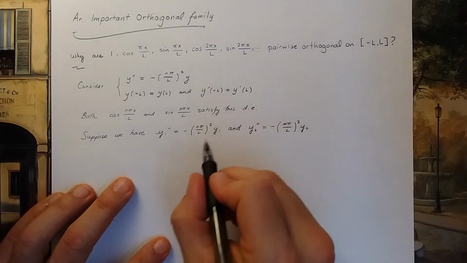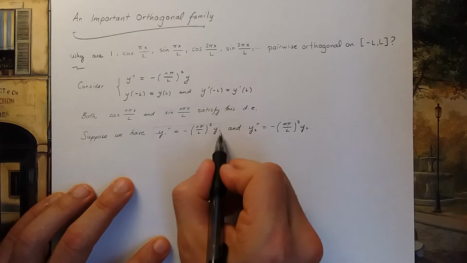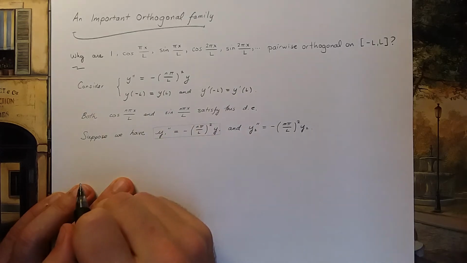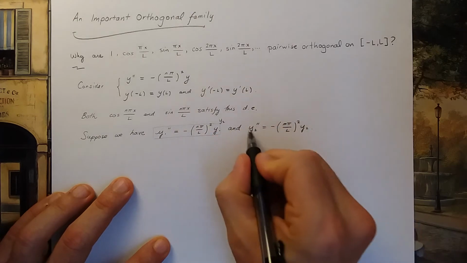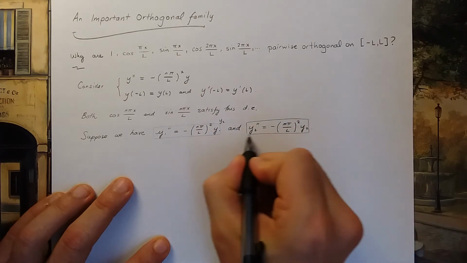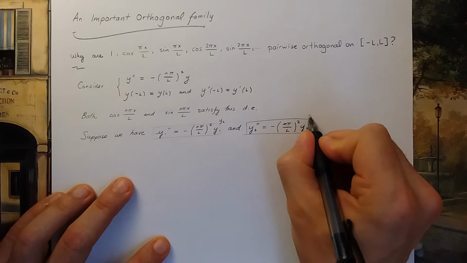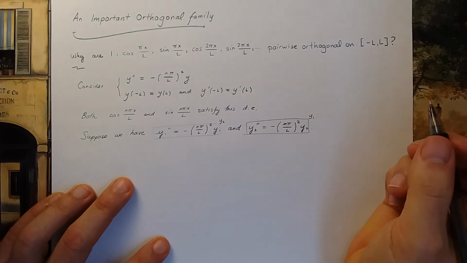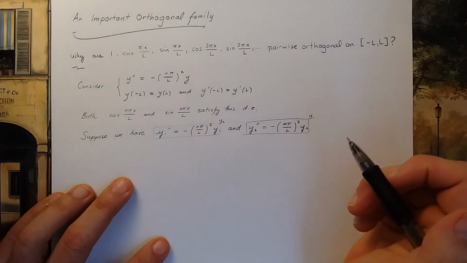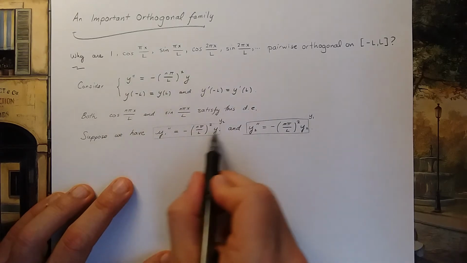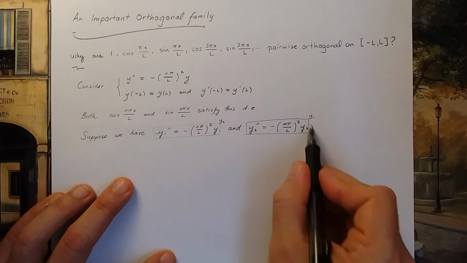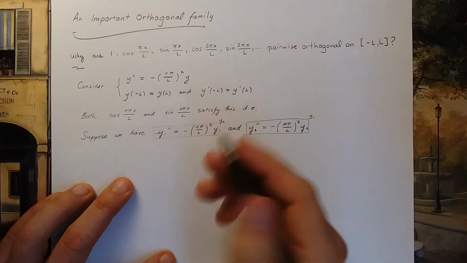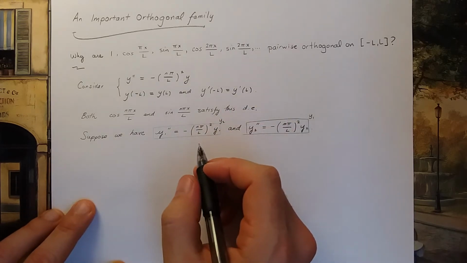What I'm going to do is take this first equation and multiply by y2, and I'm going to take this second equation and multiply both sides by y1. Then I'm going to subtract. So the technique is, again, I'm going to multiply this first equation by y2, the second equation by y1, and then take the difference of the two expressions.